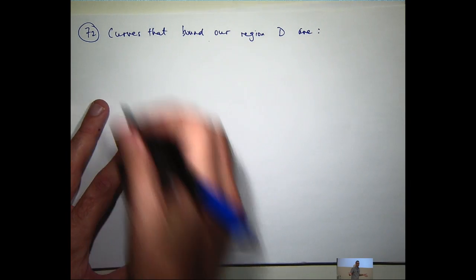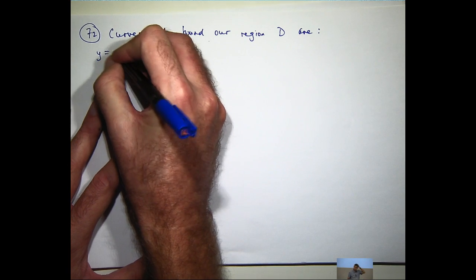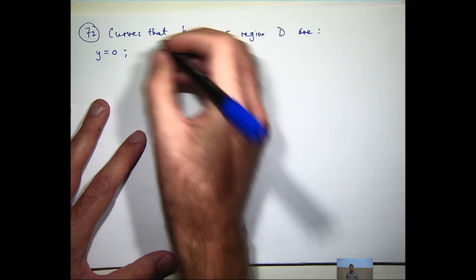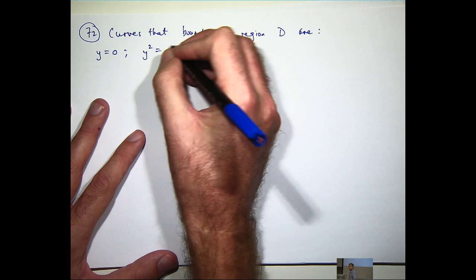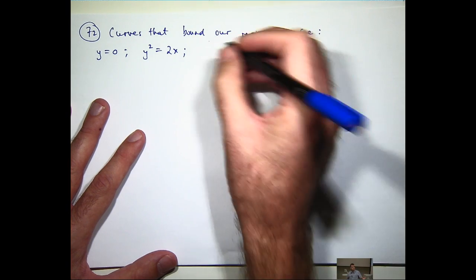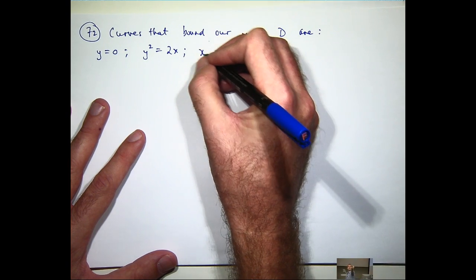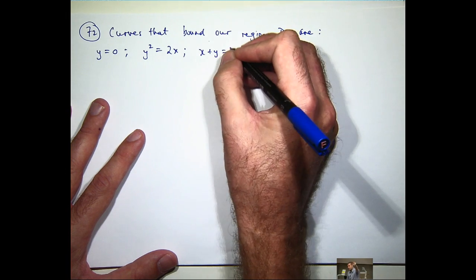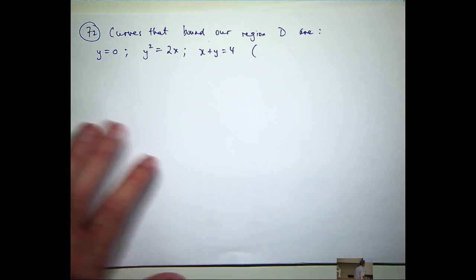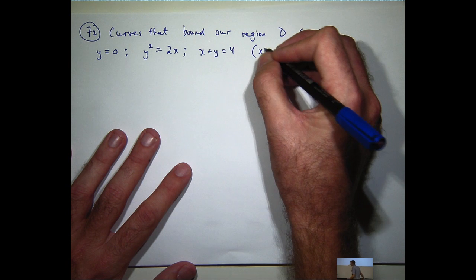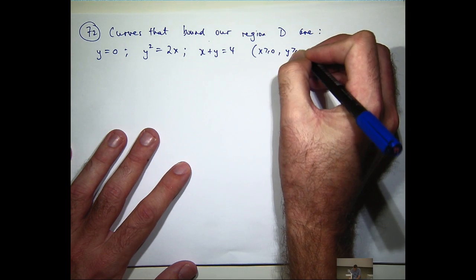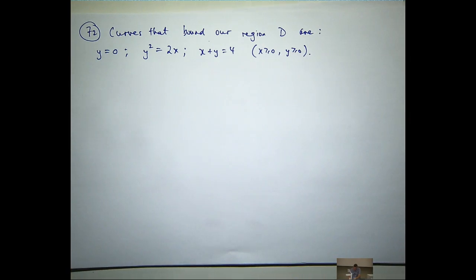We've got the x-axis, which is just the line y equals 0. We've got a parabola, y squared equals 2x, and we've got the line x plus y equals 4, and all our points of interest are in the first quadrant, so I guess we should probably mention this as well.